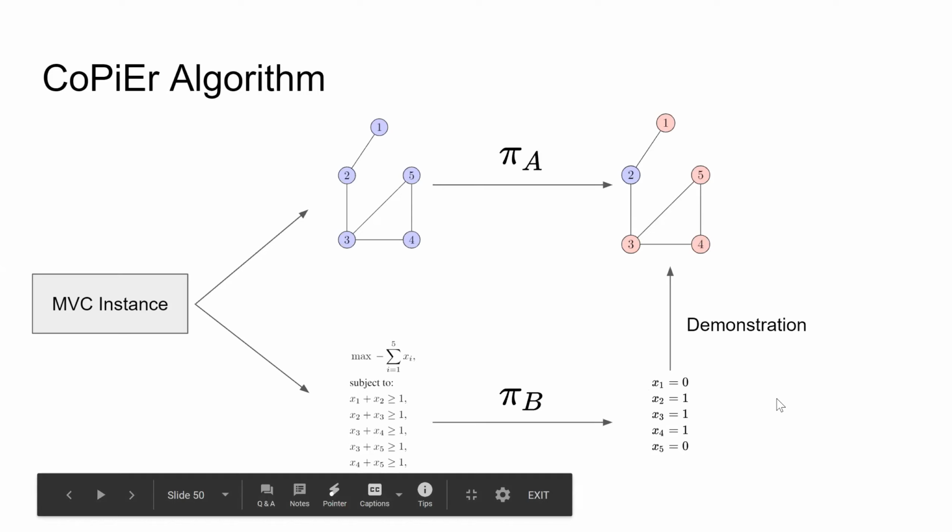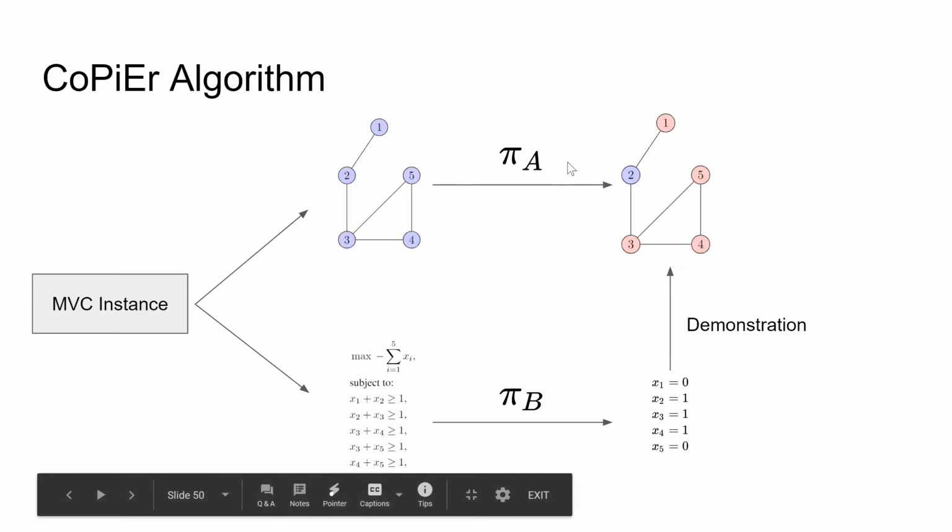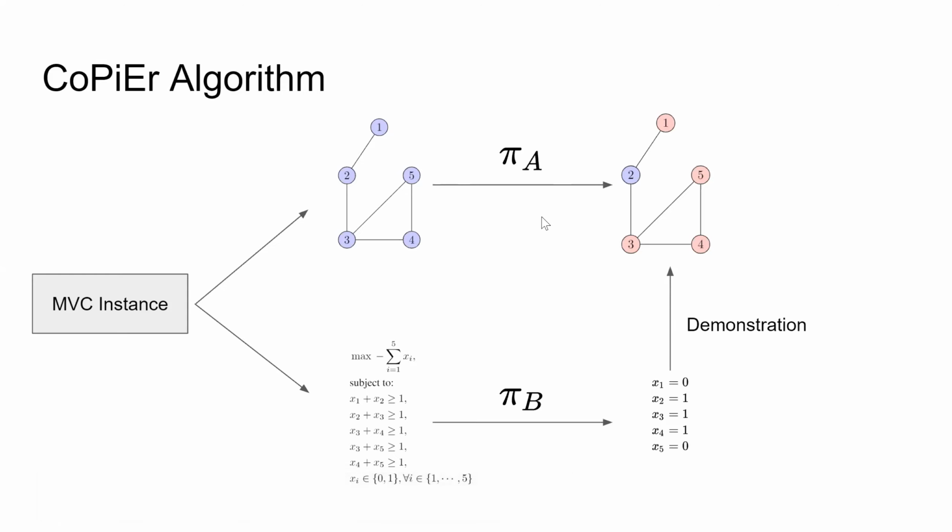Because they are solving the same problem, just using different representations, we can compare the solution quality of the final solutions generated by those two policies. In this case, pi B has a better solution than pi A. So we can provide the solution by pi B as a demonstration to pi A, and add this imitation learning loss to whatever loss is associated with training pi A, as an additional loss function to retrain pi A. This is basically the algorithm.